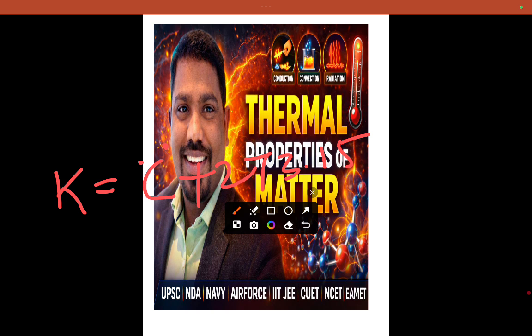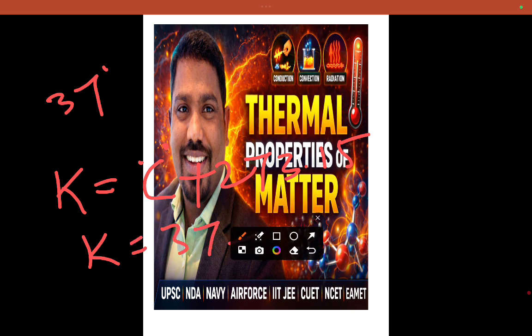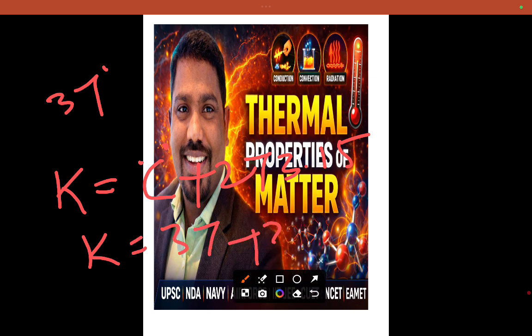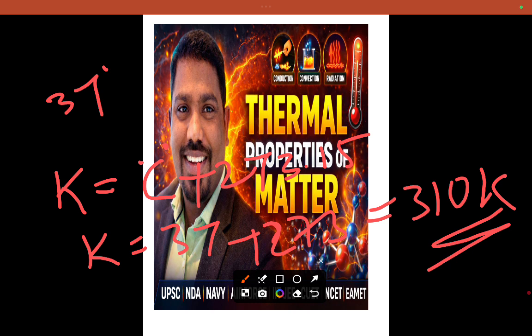Now I would like to take 37 degrees. So K equals 37 plus 273.15, which is about 310.15 Kelvin. So the healthy person's body temperature according to Kelvin is 310.15 Kelvin.